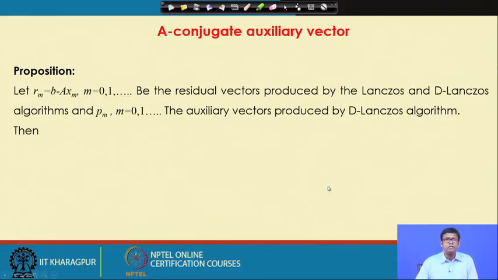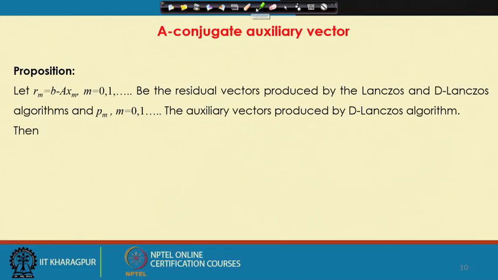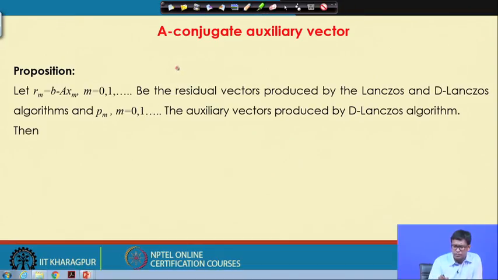And there comes a proposition that Rm is equal to b minus A Xm, for different values of m, be the residual vectors produced by the Lanczos or D-Lanczos algorithm, that is for symmetric A matrices. When we write Lanczos and D-Lanczos, we have ensured that it is for a symmetric A matrix.